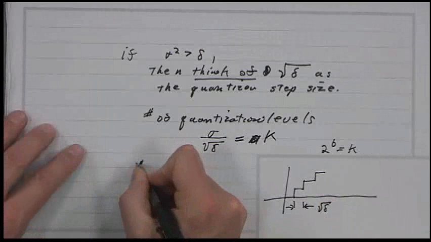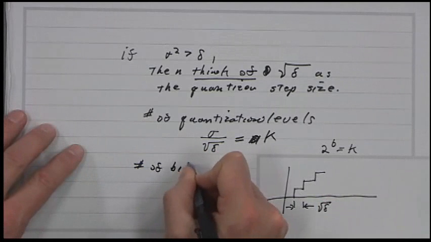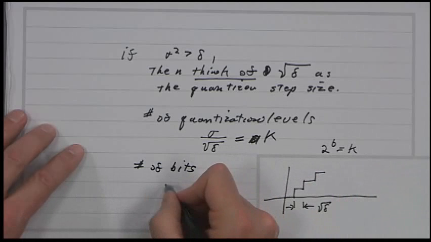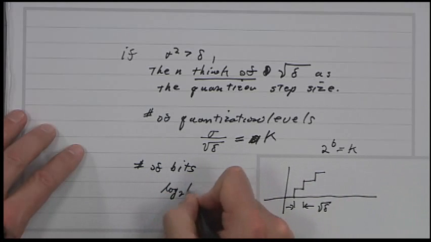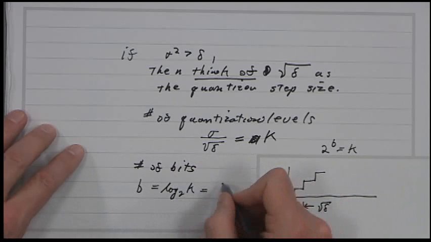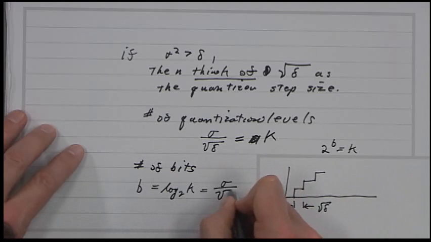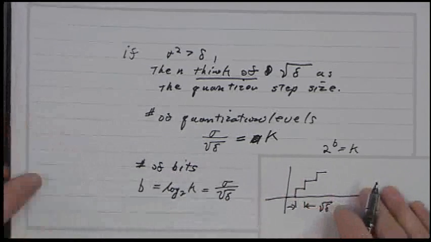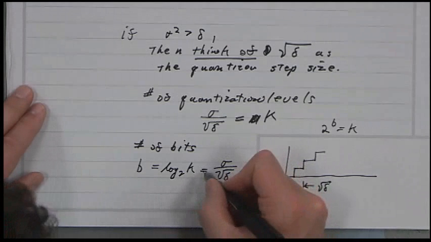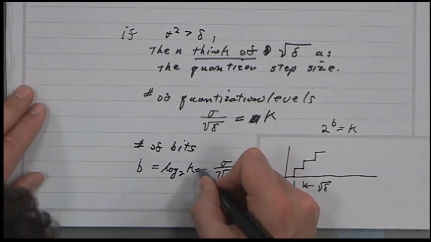So how many bits do you need for this? Well, you need the log of that, right? The log base 2 of k should equal b, and that's going to be the log of sigma over the square root of delta. I'm sorry, I left out the log here.